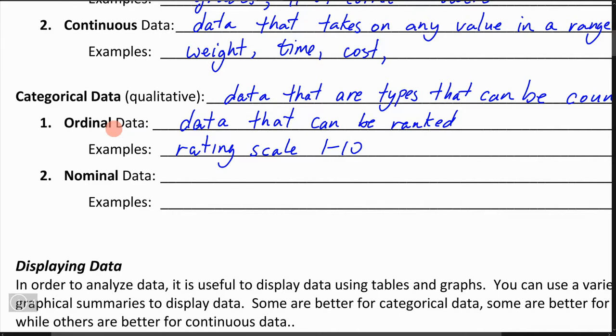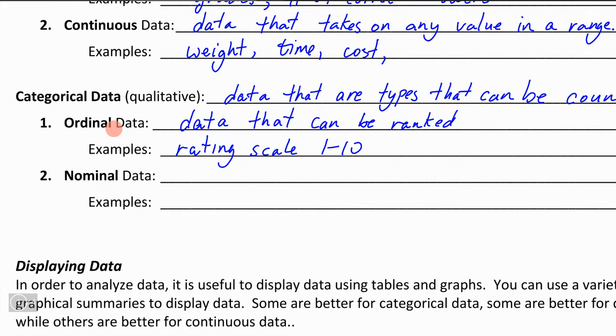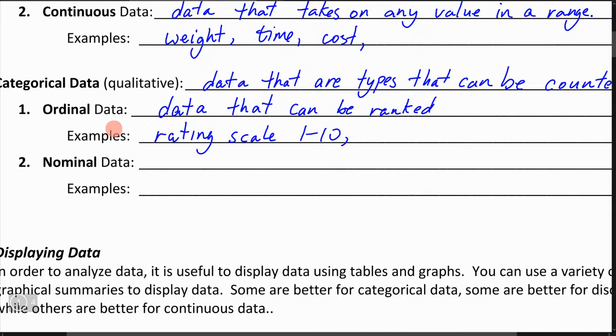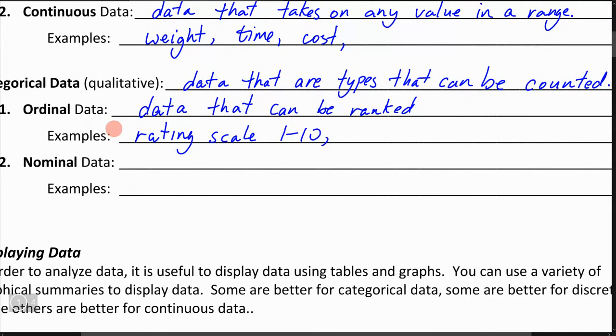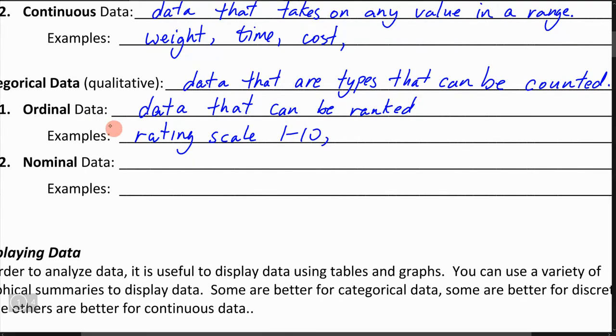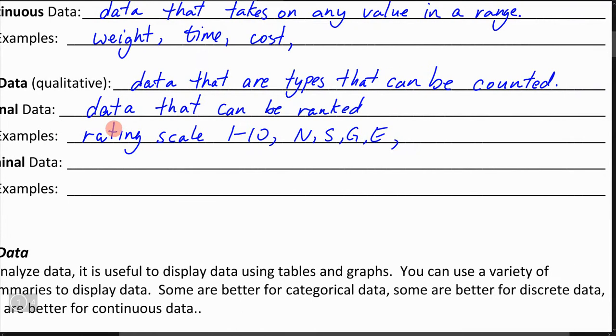Or 4-star, 5-star hotels, rating out of stars. Even on a report card, when you see the learning skills, N, S, G, and E. Or things like poor, good, excellent. So not necessarily numbers, but these can be ranked.